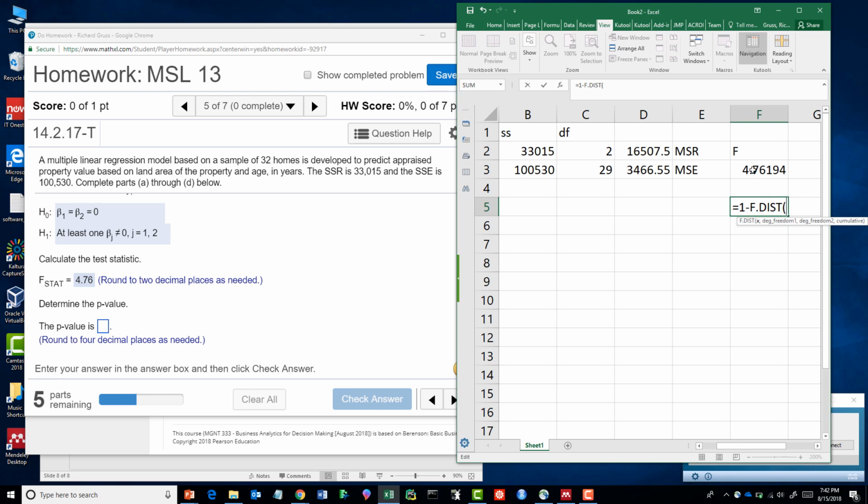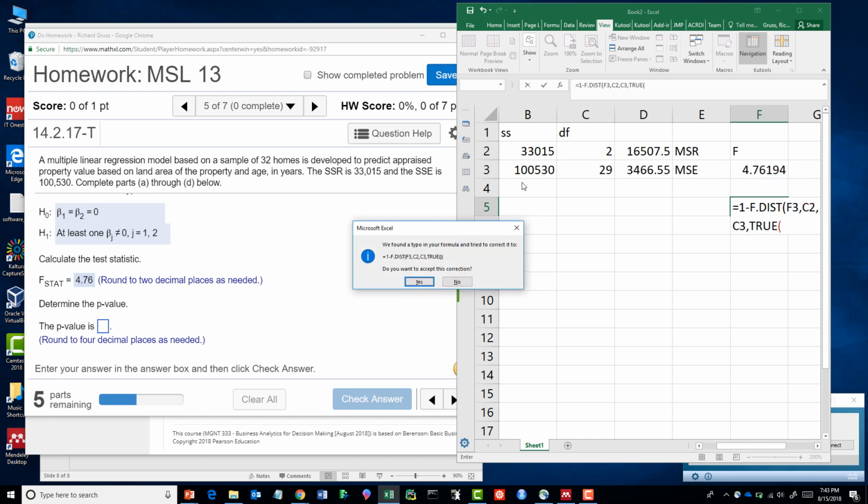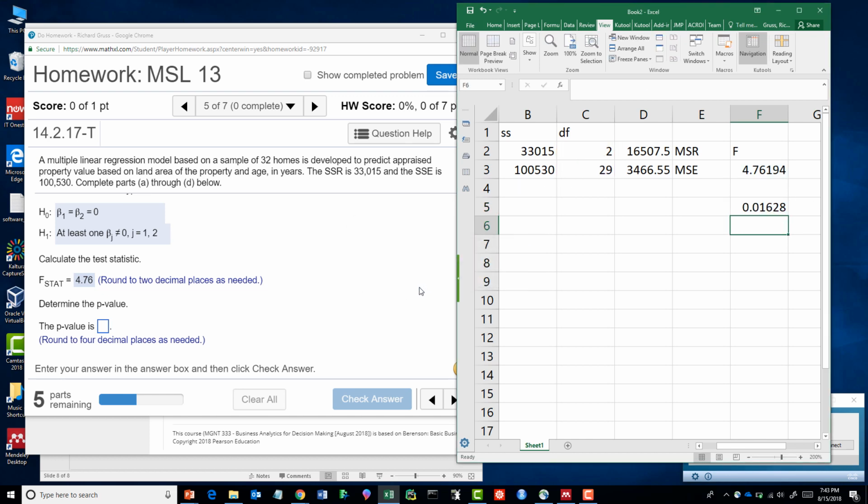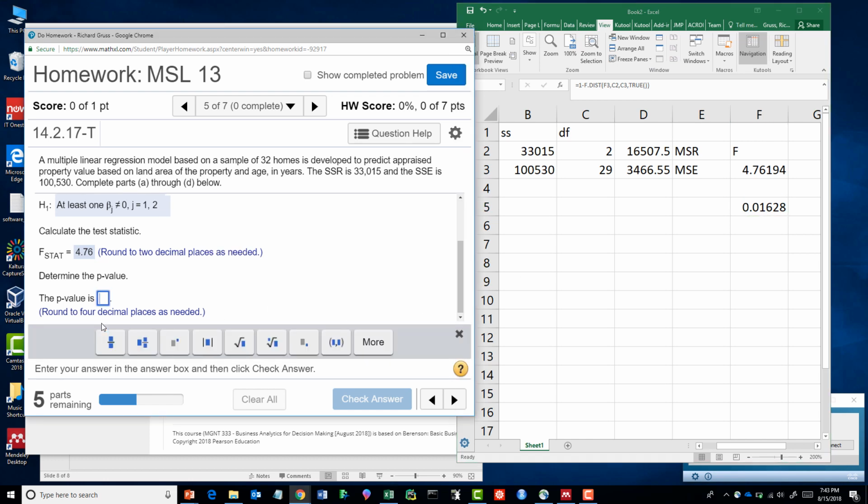Now we put that F statistic in there, with 2 for the numerator degrees of freedom and 29 for the denominator degrees of freedom, and we always put TRUE. This wants 4 decimal places, so 0.0163. Hopefully this is right.